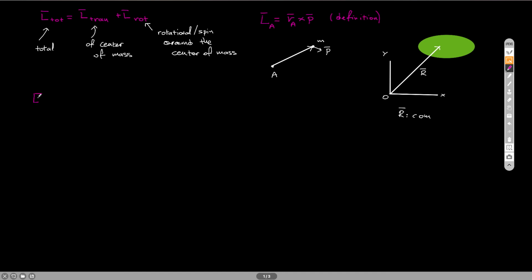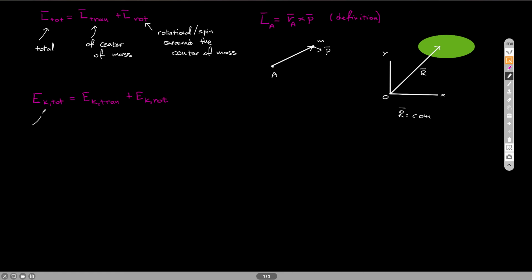If you ask me what is the total kinetic energy of that solid object, I'm going to calculate it as the translational kinetic energy plus another term that we call the EK rotational.